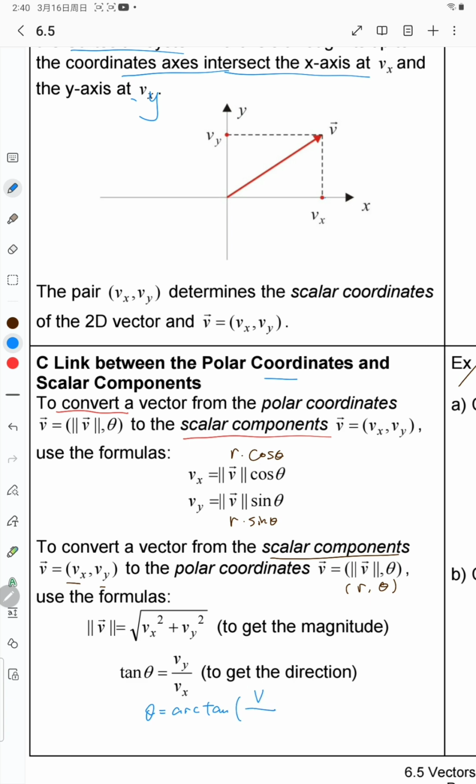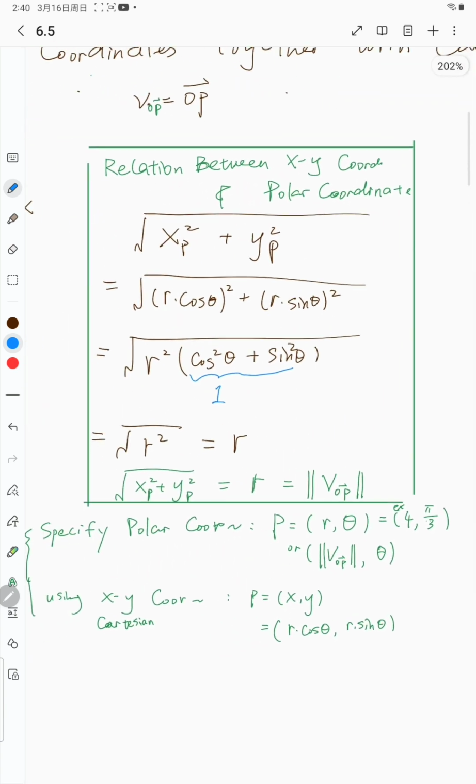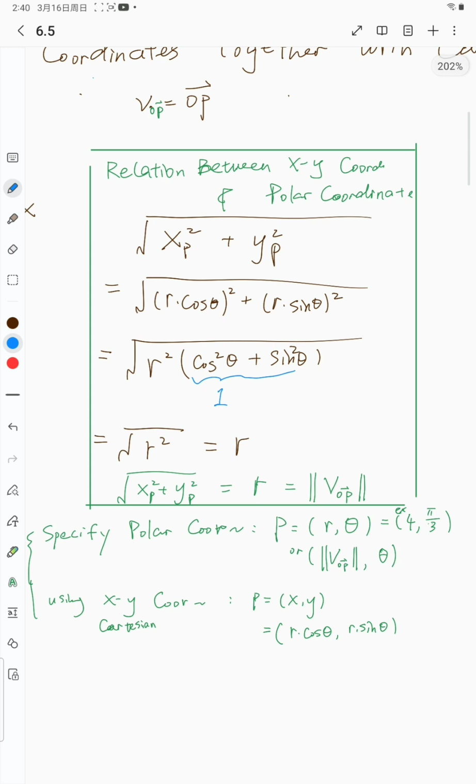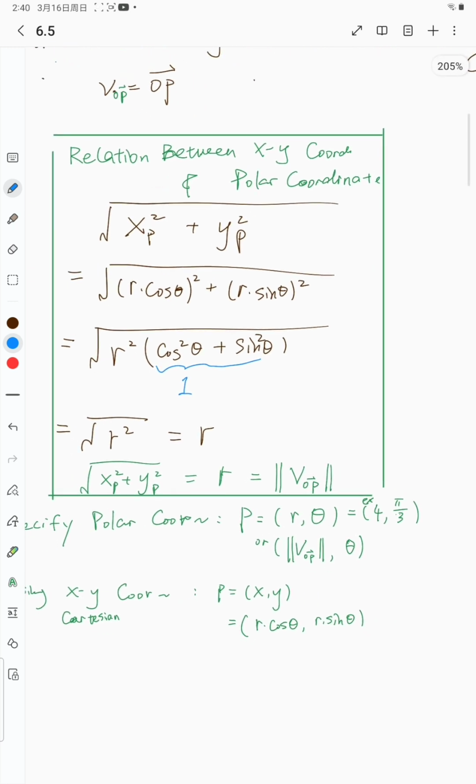I guess you don't need to recite this, right? If you understand this overview, I think it's not hard to write it.